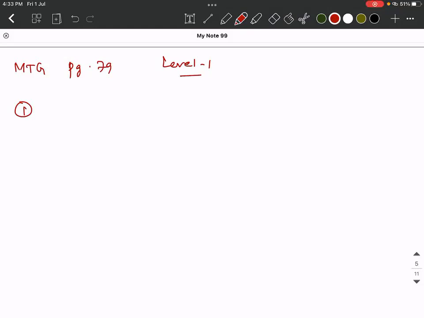P x comma y. That is the coordinate. P is a point with the coordinates x comma y, which is also called an ordered pair. So P dash is another point. No, P dash is also the same point.